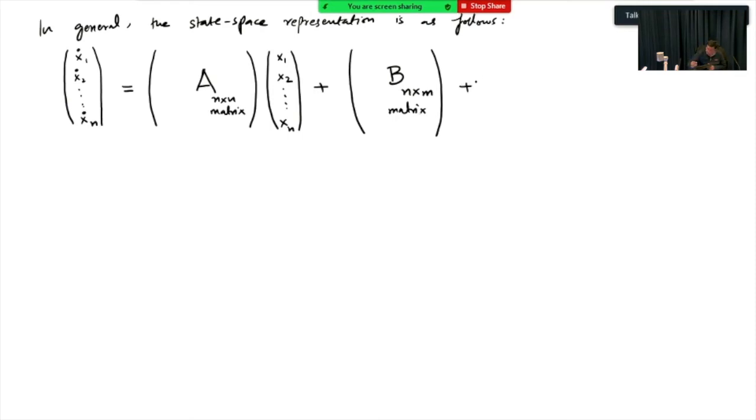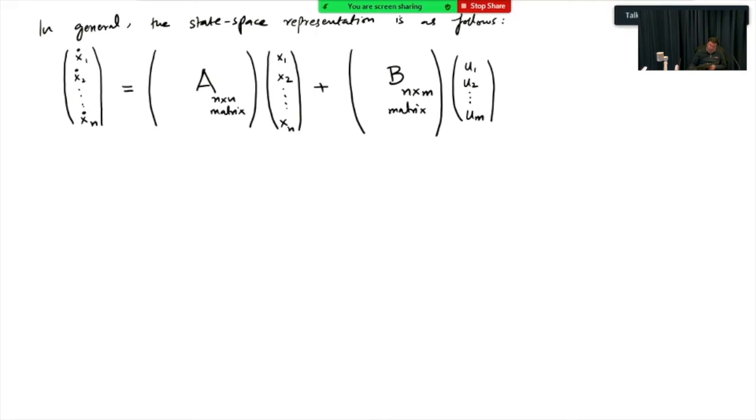Okay, so there is a u outside this, u1, so there's a vector of inputs.